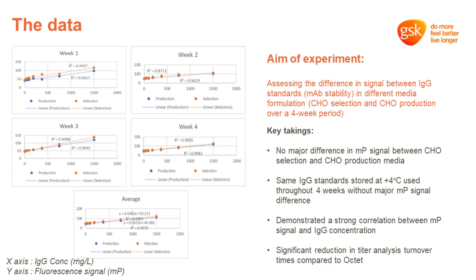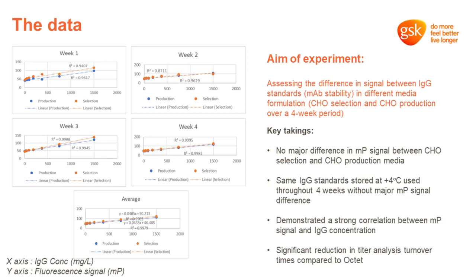Duplicates of the standards were created, one in CHO production media and one in CHO selection media. And we stored this at 4 degrees Celsius in a cold room and took readouts once a week for 4 weeks. We observed that there was no major difference in mP signal between CHO selection and CHO production media.